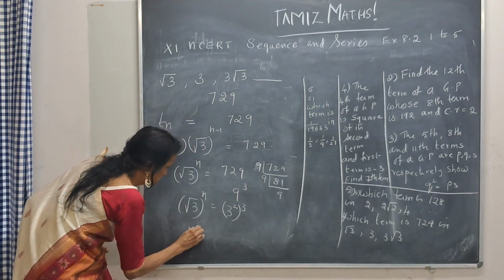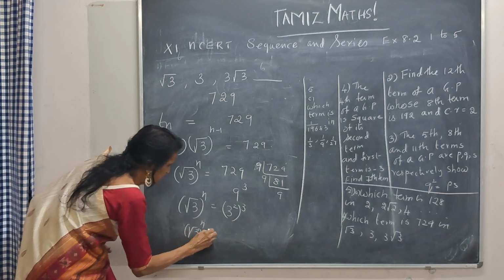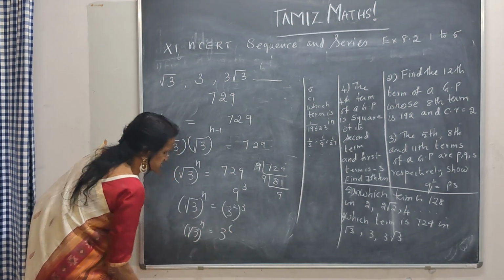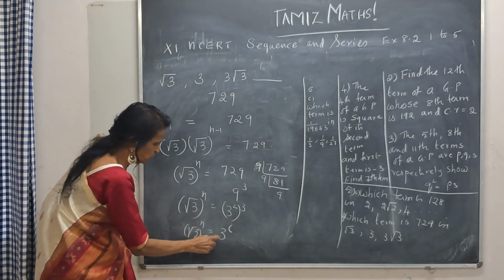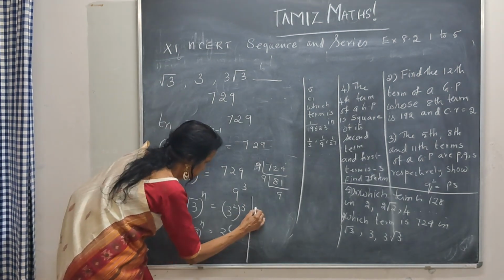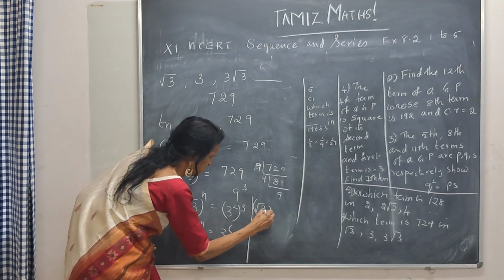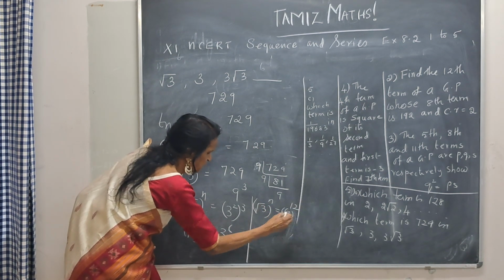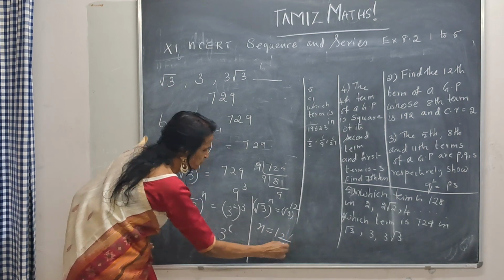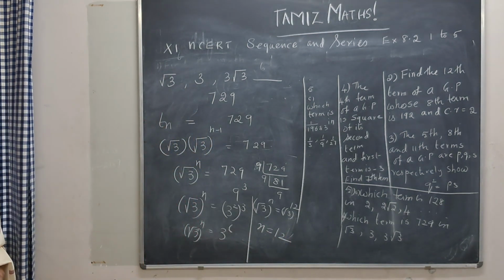So this is 3 power 6. But 3 could be written as root 3 whole power 2. So this could be written as root 3 whole power n is equal to root 3 whole power 12. So n will be 12. It will be the 12th term.